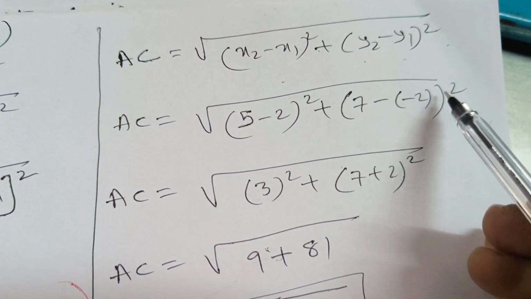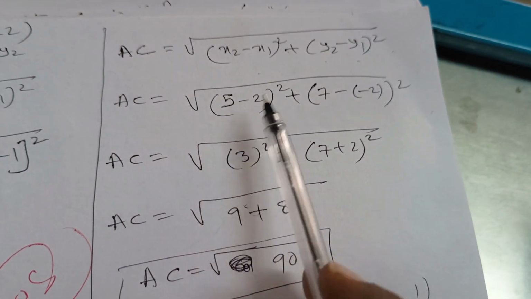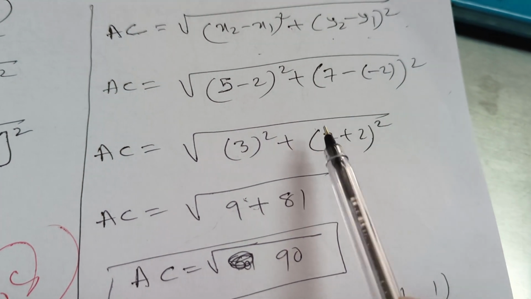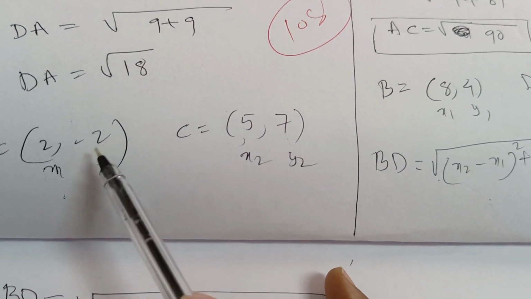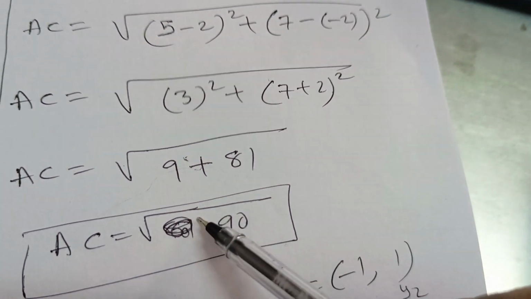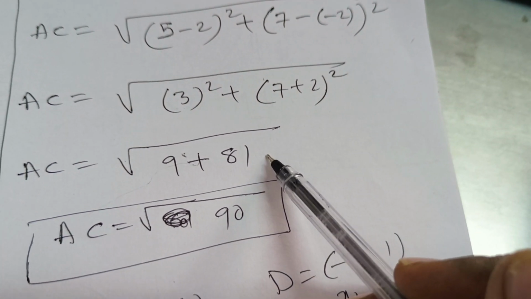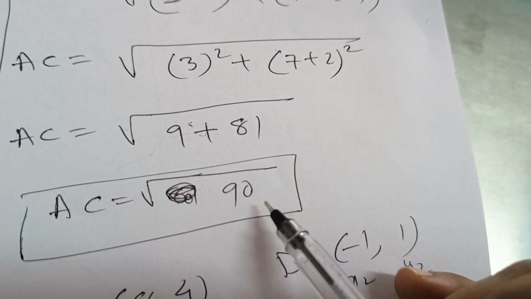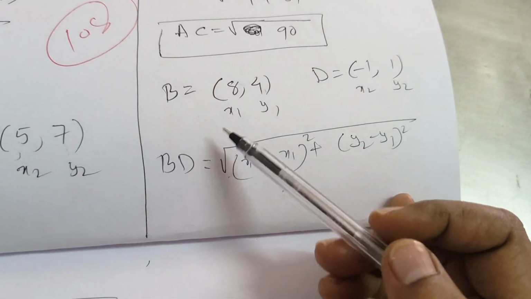AC is equal to square root of 5 minus 2 whole square, is 3 whole square, plus the next term is 7 minus 2. Minus into minus becomes plus. So 7 plus 2 whole square. 3 3s are 9 and this becomes 9. 9 9s are 81. 81 plus 9 is square root of 90. AC is equal to square root of 90.